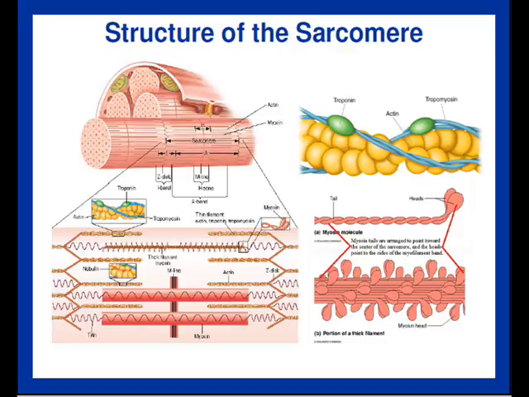This is myosin. It has obviously an actin binding site, to bind the actin. It also has a site where it will break down ATP. That's the ATP binding site.